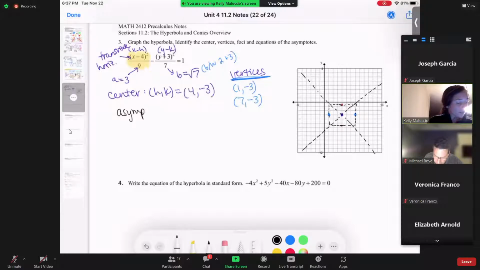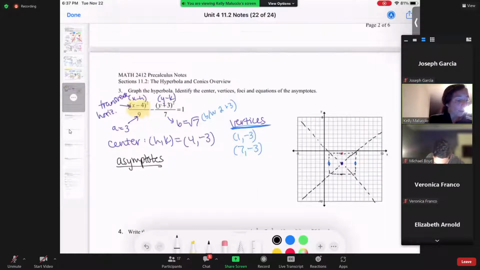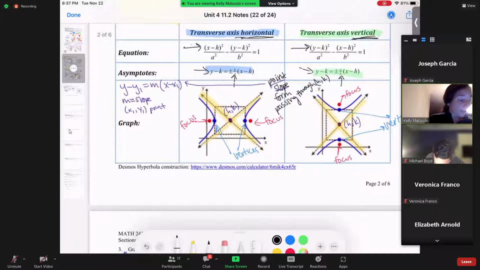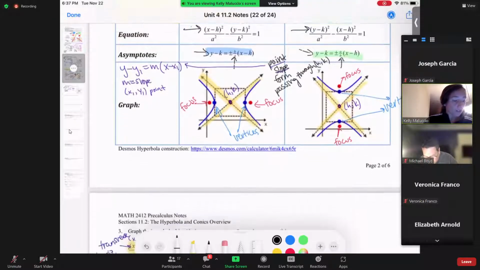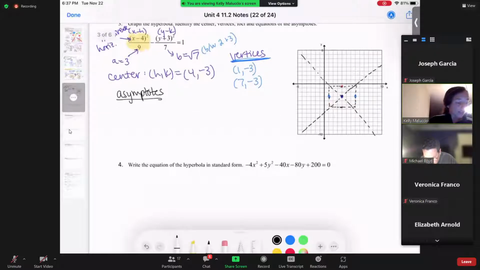So my asymptotes, remember, look at that equation up here. If you're wondering how I'm remembering this, I'm just referencing the equations above. So y minus k. So one of them is y minus -3, so y plus 3 equals, and then I have b over a, sorry, not a over b.